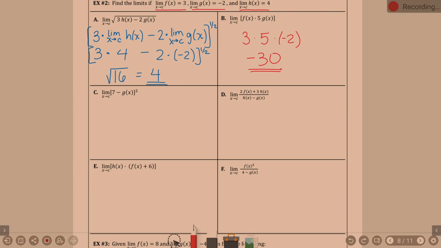If I do C, I'll write this one out. The limit as x approaches c of 7 minus the limit as x approaches c of g of x, and then the quantity squared. What about the limit as x approaches c of 7?